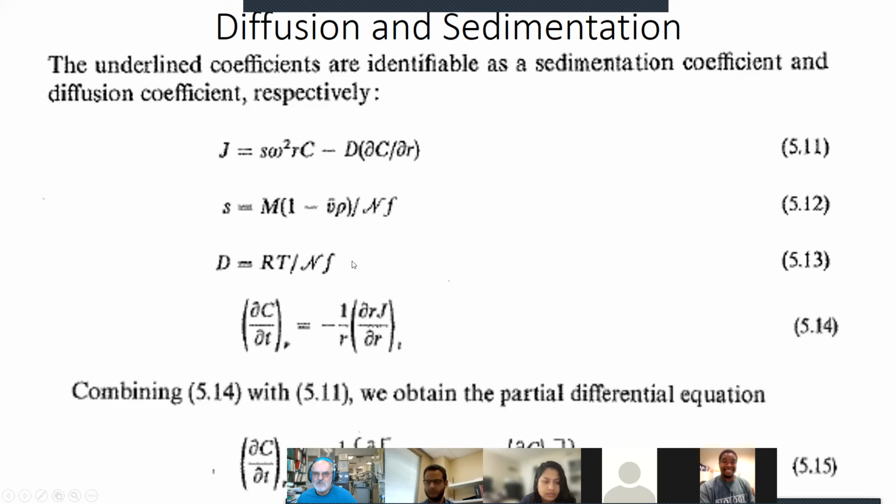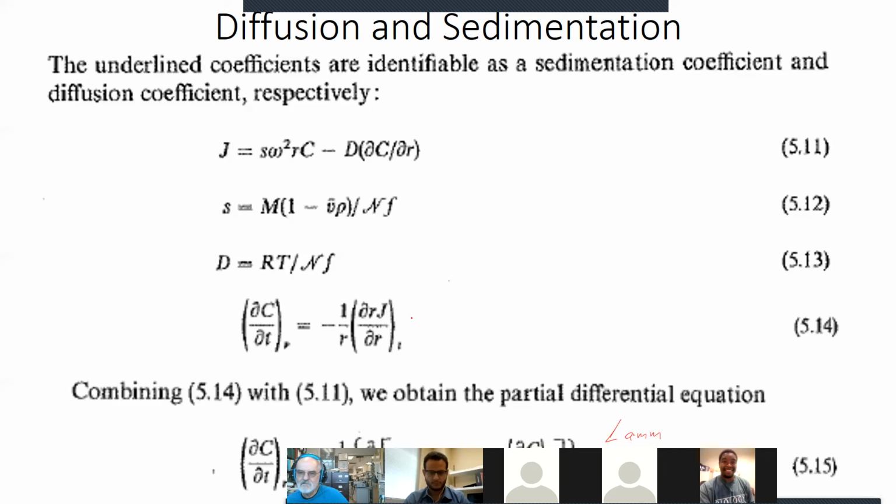Okay, so plugging J into this equation, this is what we get. dC/dt at constant r, minus 1 over r, and then this double derivative where there's a partial with respect to r, this extra r term multiplies through, and so we end up with an r squared and we end up with a dr. This equation is known as the Lamm equation.